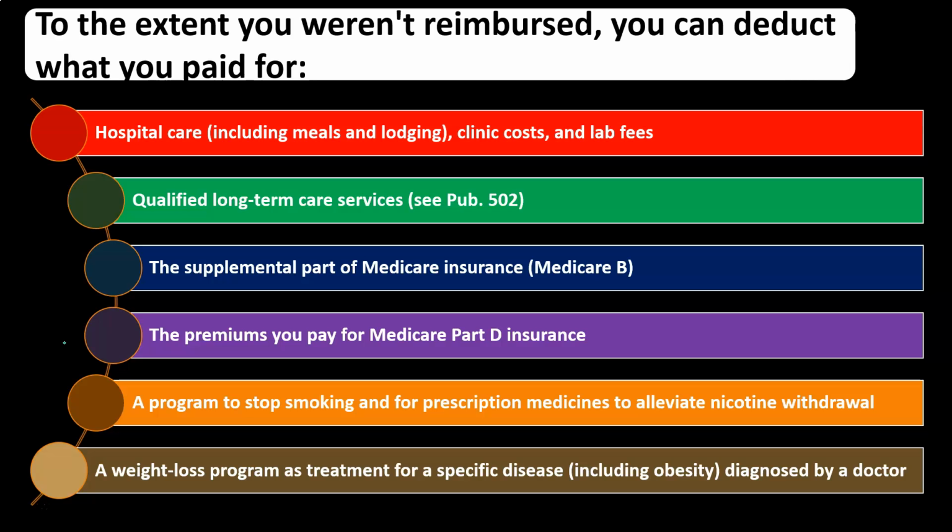A weight loss program as treatment for a specific disease, including obesity, diagnosed by a doctor. So again, obesity is a more recent item that people basically recategorized as a disease, because then it would qualify for legal purposes for more things such as tax deductions.